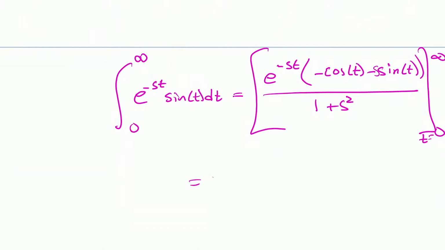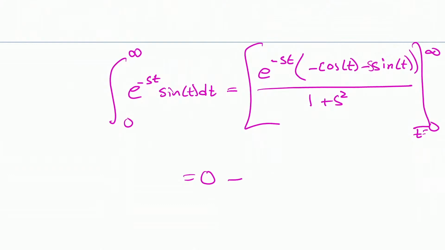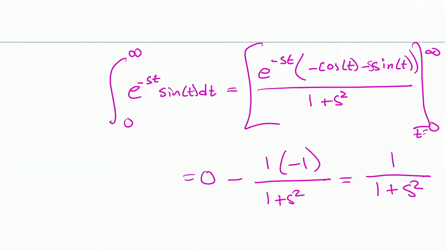So we have this equals 0 minus what you get when you plug 0 in for t. And what you get when you plug 0 in for t is 1 times negative 1 minus 0 over 1 plus s squared. And lo and behold, this is the final answer.